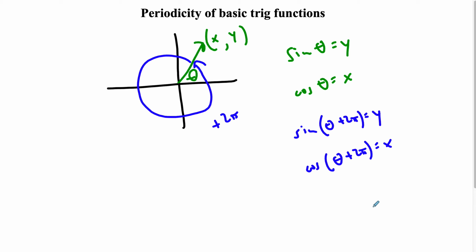Great, you say. Well, what this leads us to is that the sine of theta is equal to the sine of theta plus 2 pi n, where n is some integer. Meaning if we add 2 pi, or any multiple of 2 pi, maybe we add 2 pi twice, or if we subtract 2 pi, because n could be negative, right? Then we're still going to end up with the same value.